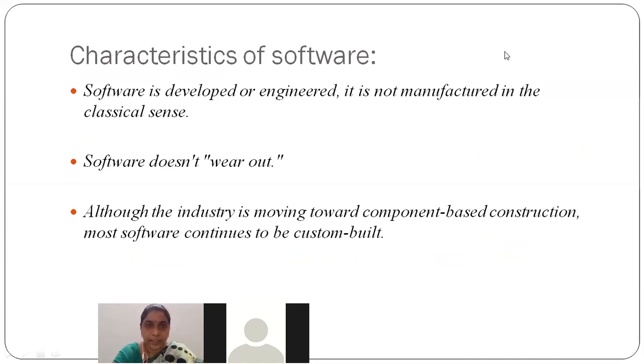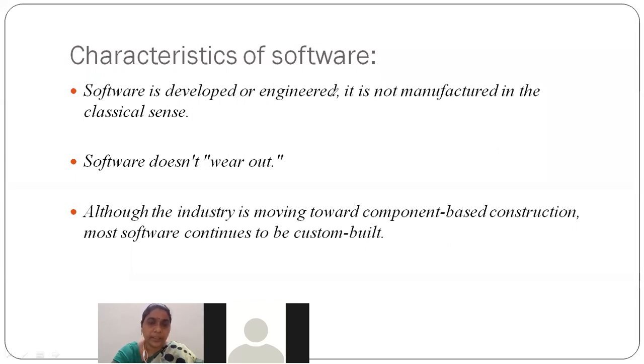And in yesterday's class, we started with the characteristics of software. Mainly, we tried to justify three characteristics of software, differentiating software from hardware. Among which the first one is that software is engineered, it is not manufactured.